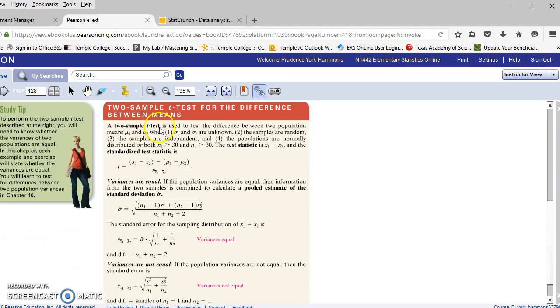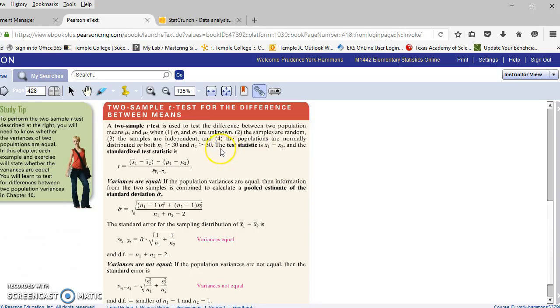It says a two-sample t-test is used to test the difference between two population means, mu1 and mu2, when, first of all, the population standard deviations for both samples are unknown, the samples are random, they're independent, and the populations are normally distributed, or the sample sizes are both greater than or equal to 30. The test statistic is the sample mean for sample 1 minus the sample mean for sample 2.